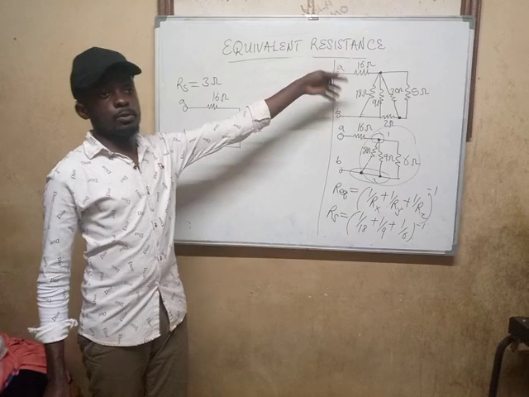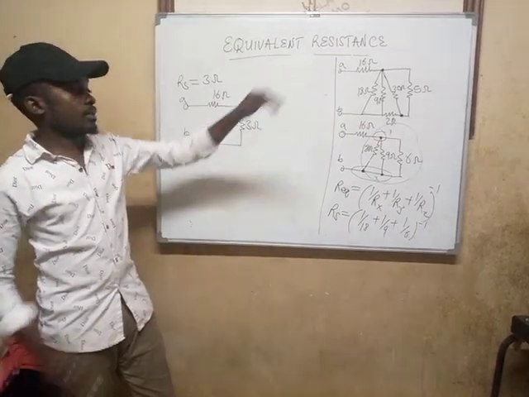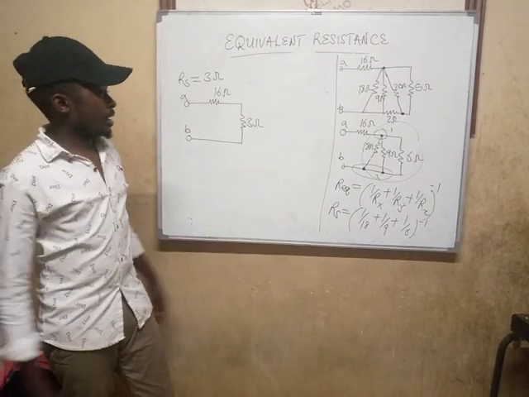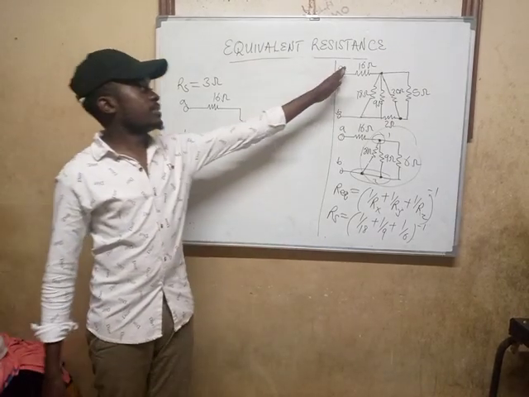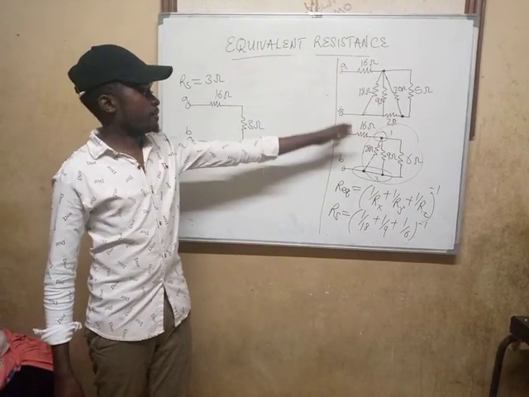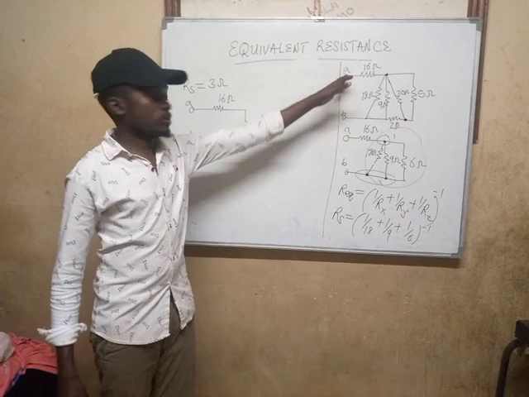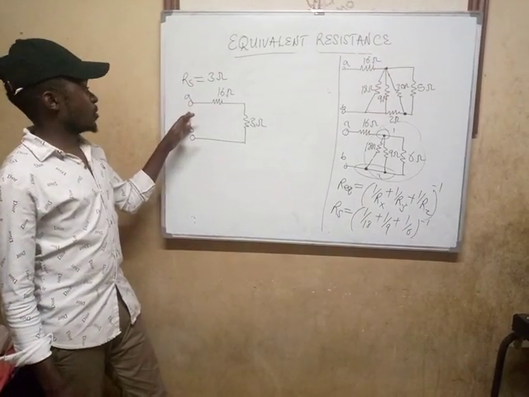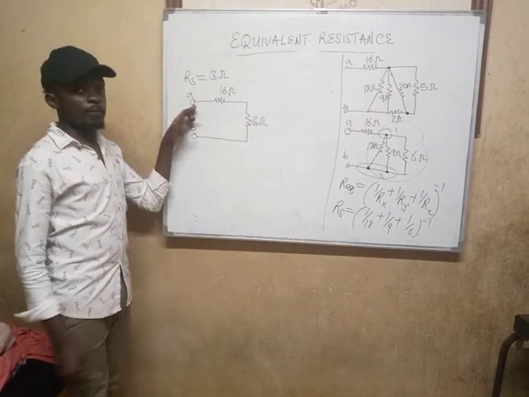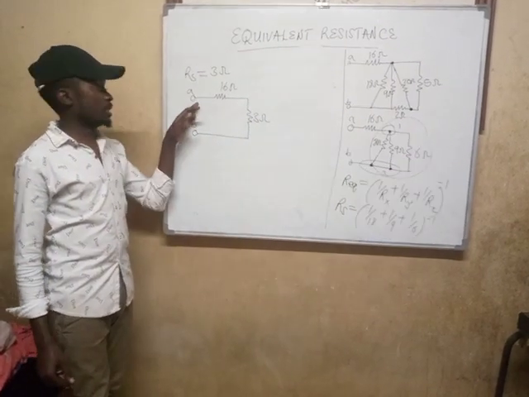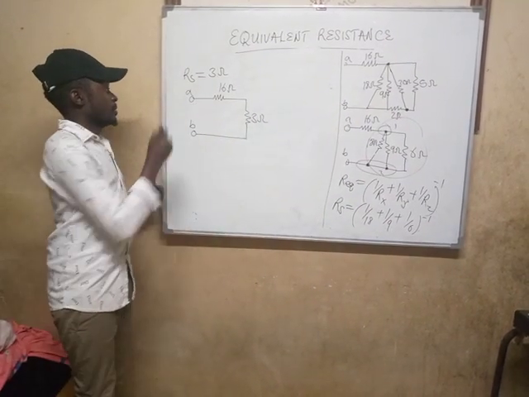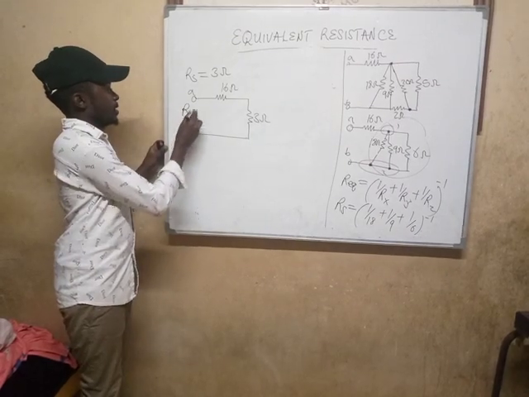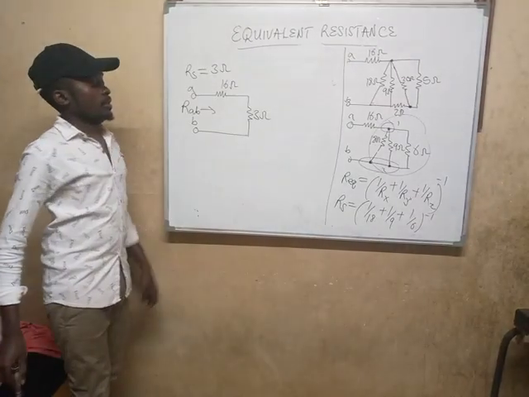So what I'm going to remain with now is the final answer across AB, the equivalent resistance, which is RAB in this case.